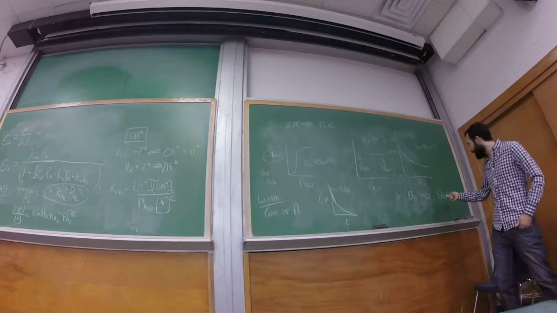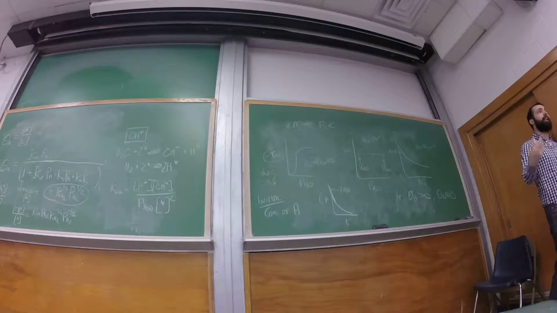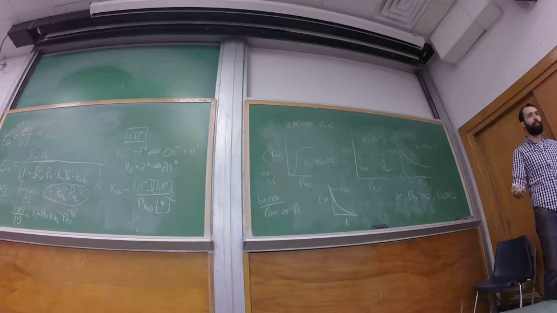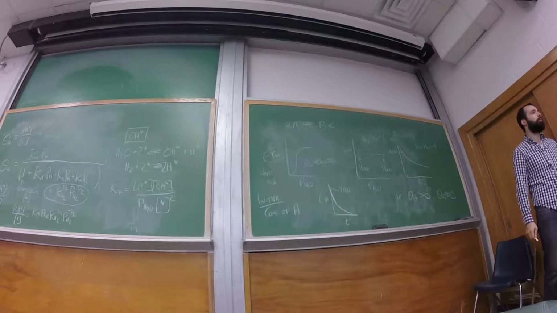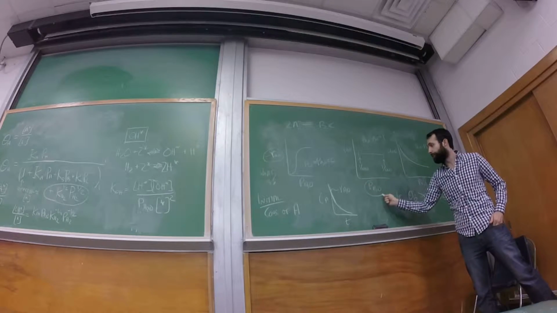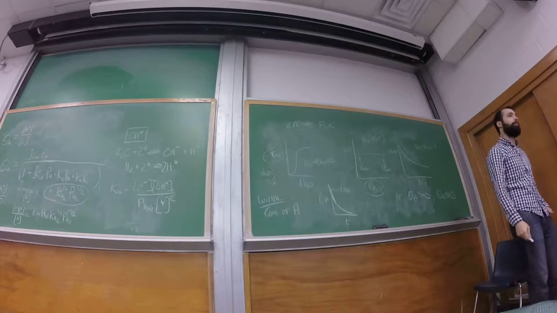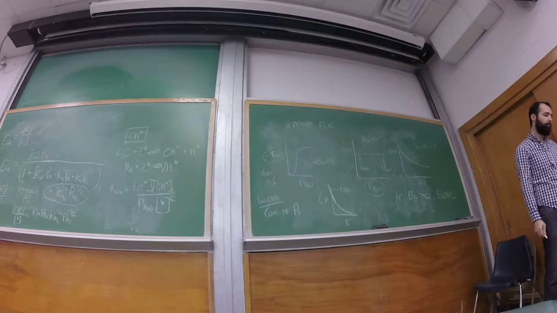So this doesn't mean that theta B is literally 0 at all conditions. It just means that the coverage of B is very small. And again, it only tells you about what's true at this range of pressures of B. It doesn't tell you anything about all conditions.